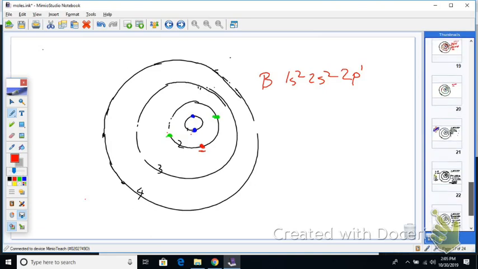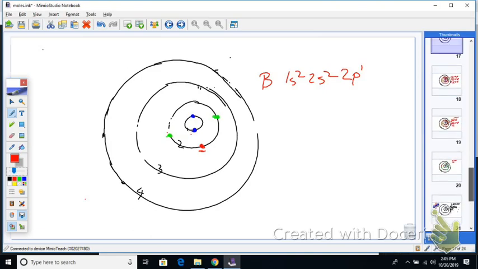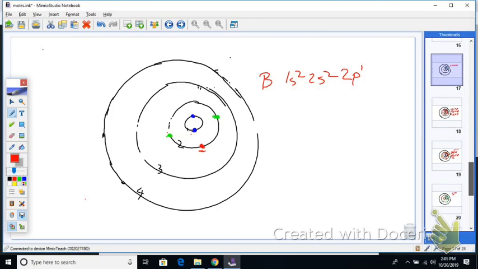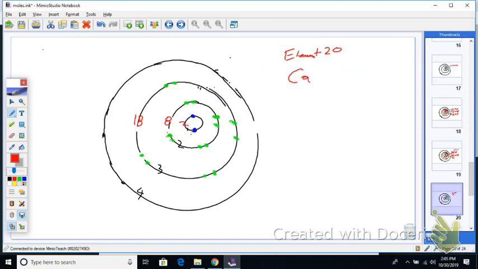So where does the next S come up? The fourth shell. So here's what happens, this will be our last one. The S is here. This is the 4s.